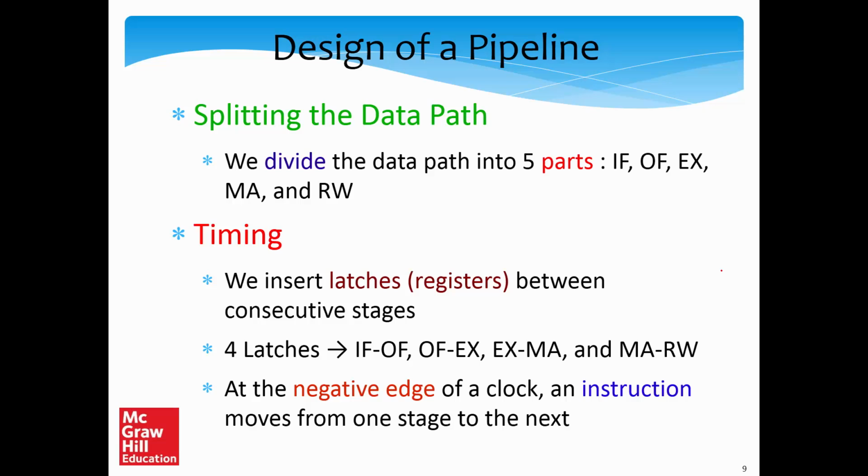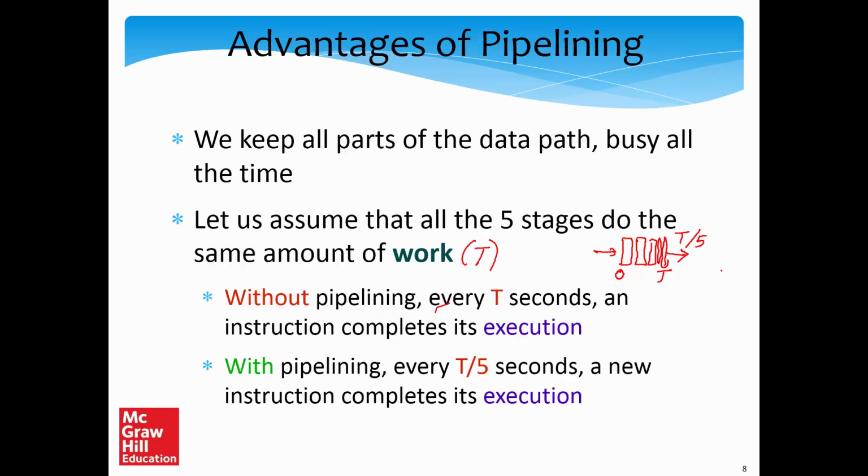All right. So that's the basic idea, that is where the expected speedup will come from. It can process more instructions at the same time, and also if we are looking at a pipeline processor from outside as an observer, every t by 5 seconds a new instruction is coming out. So I'll just go back to that diagram.